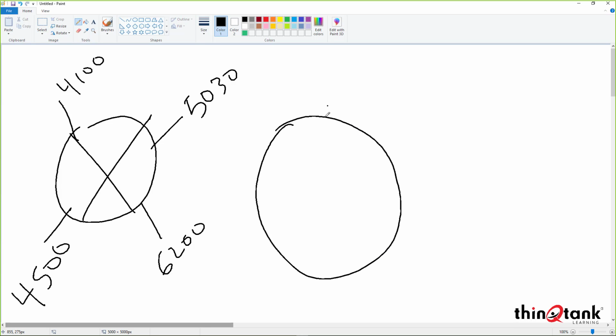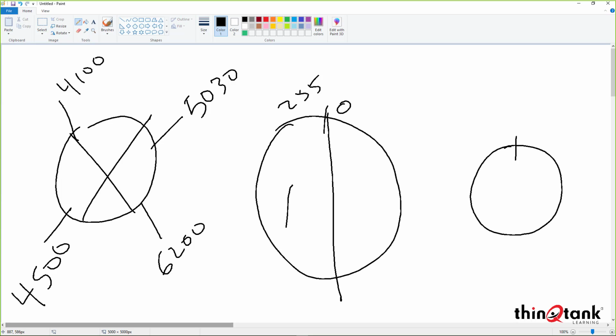This circle represents the third octet. This circle represents the fourth octet, 0 to 255. So we divide /17, /17, divide it again, /18.